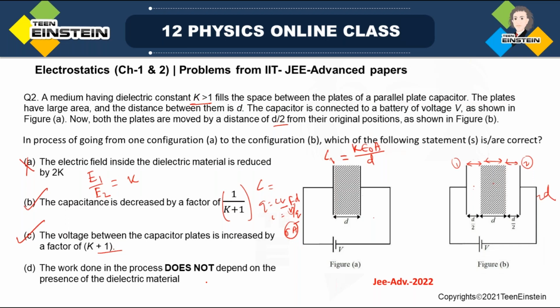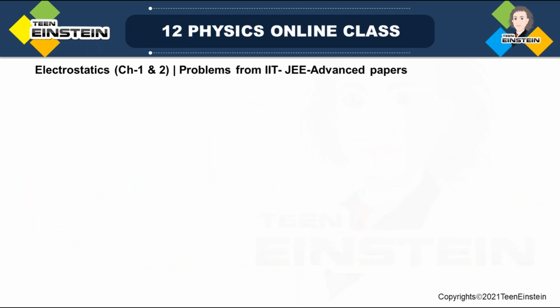We have to see how it depends, what is the work done. We can just calculate it. Work done will be half CV square, right? The net work done, if we find out, is C2 minus C1 over, half C V square. This is the net work done.